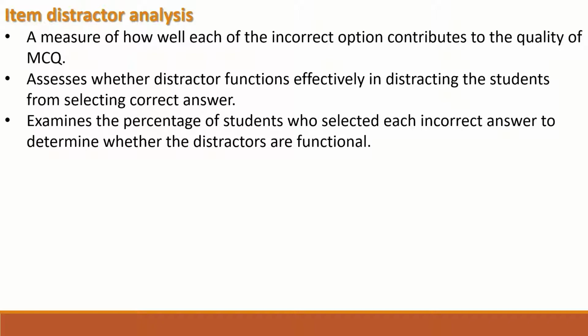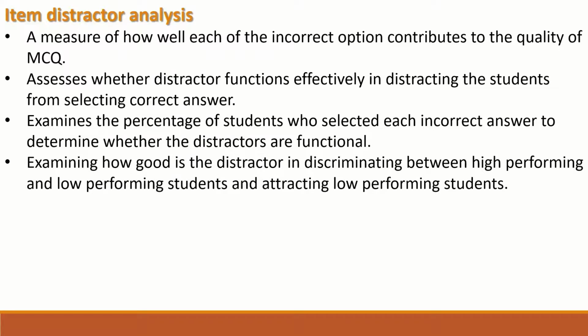It examines the percentage of students who selected each incorrect answer to determine whether the distractors are functional. It also examines how good the distractor is in discriminating between high-performing and low-performing students and attracting low-performing students.